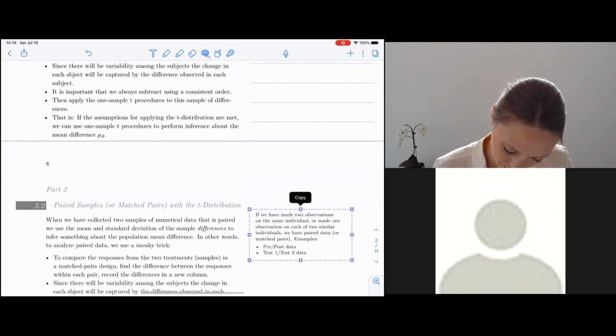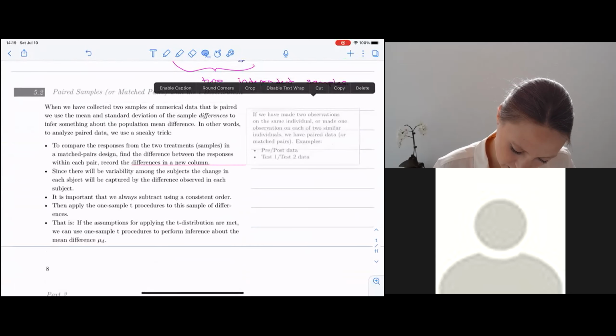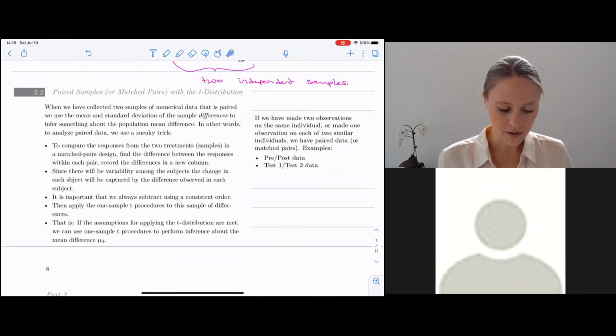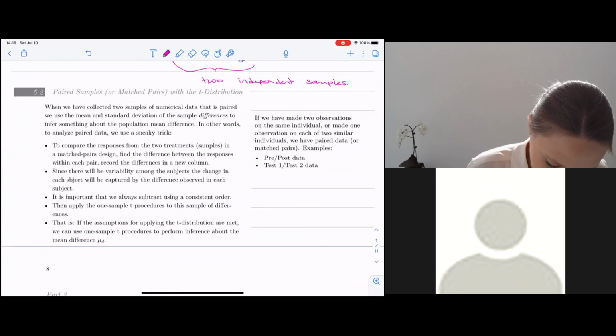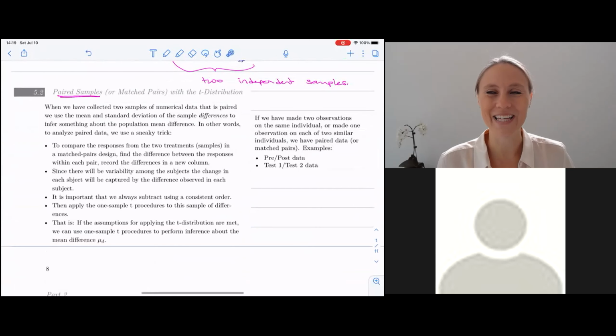I'm just going to grab this while I'm here. So we're starting with paired data or matched pairs. I like to say matched pairs sometimes because it really emphasizes that you've got these pairings across the rows.